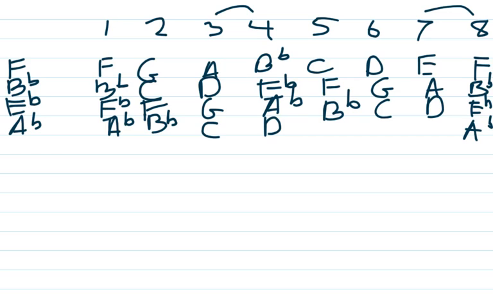Need a half step, so D flat. Then you need an E flat from before, an F flat, and a G to an A flat is a half step.